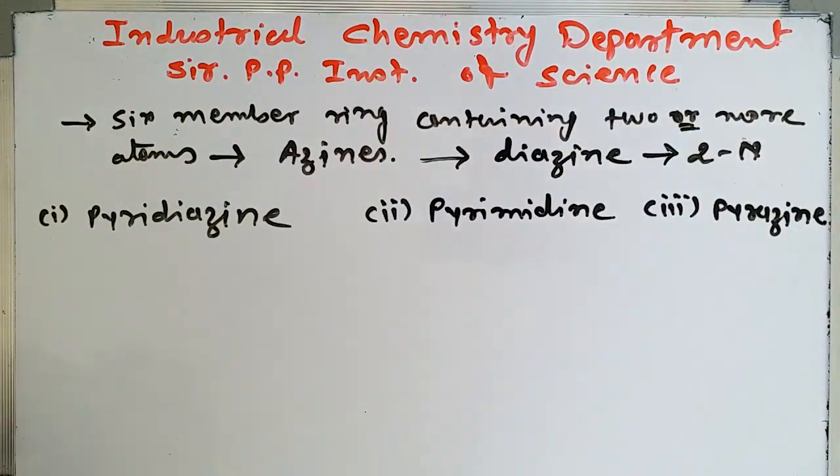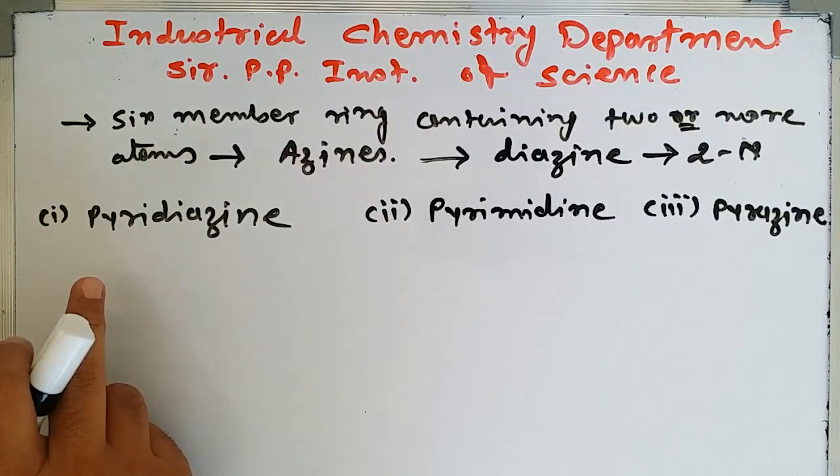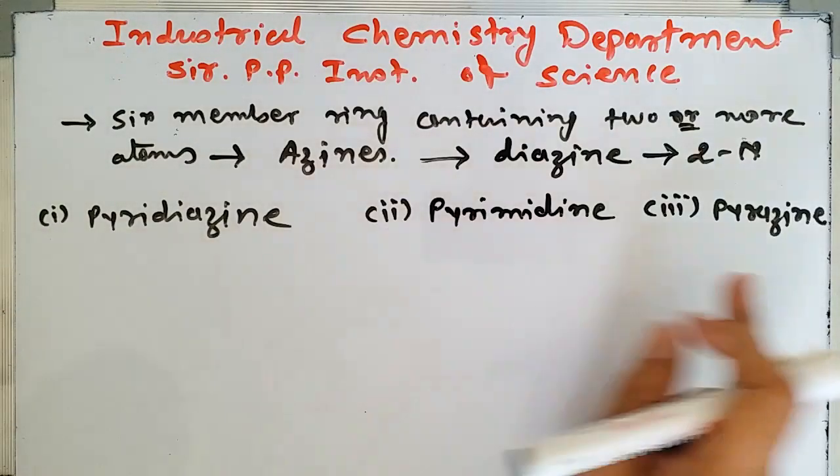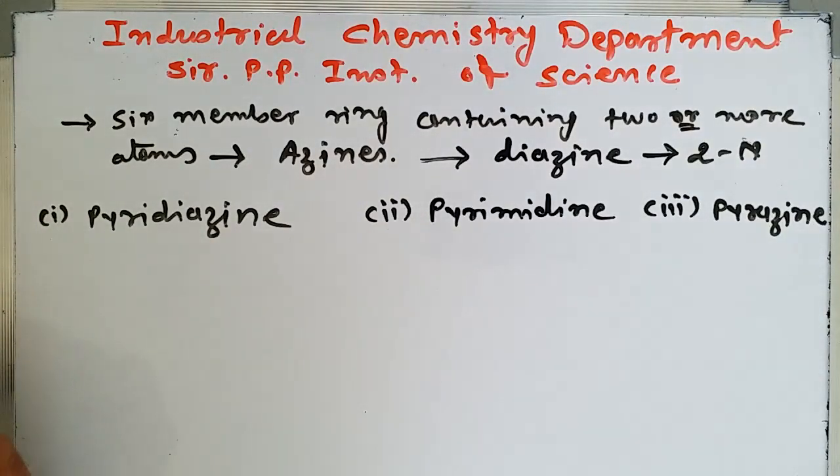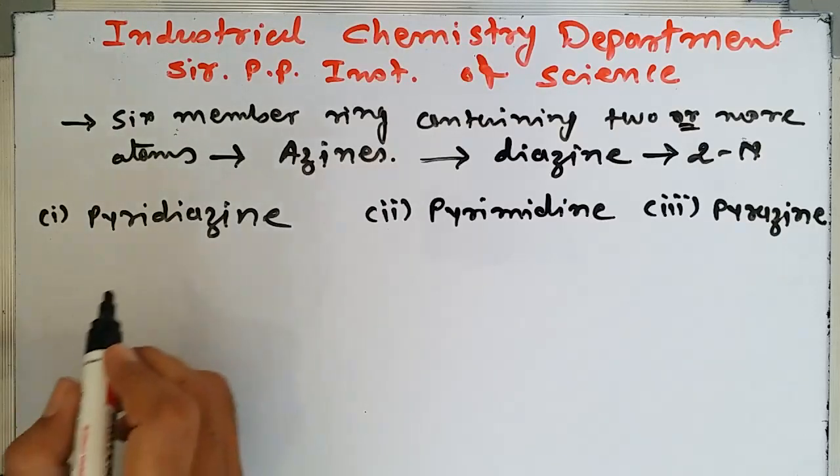These three isomeric diazines are six-member rings containing two nitrogen heteroatoms. Now we see the structures one by one.